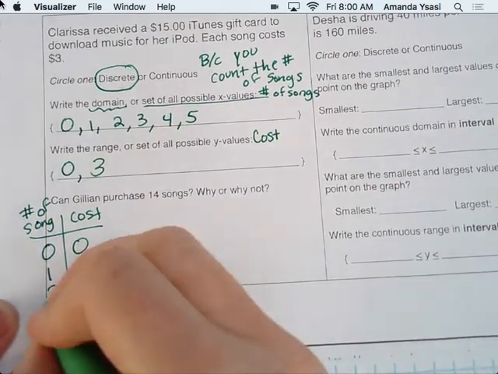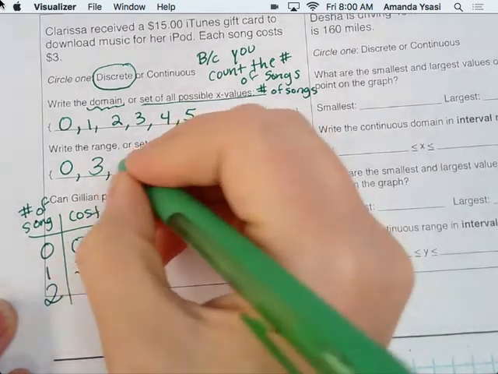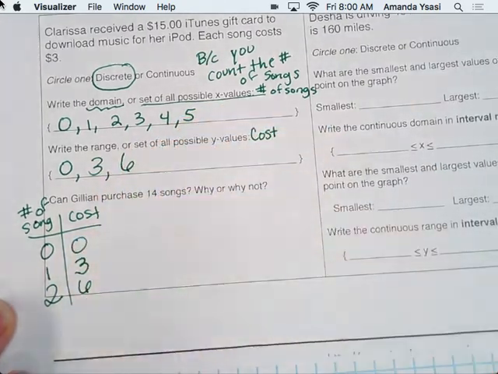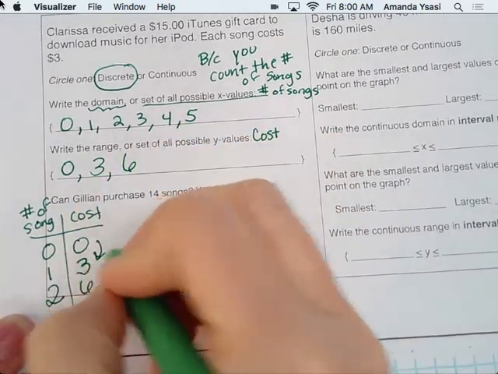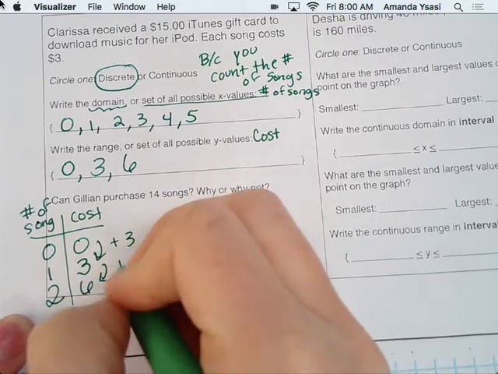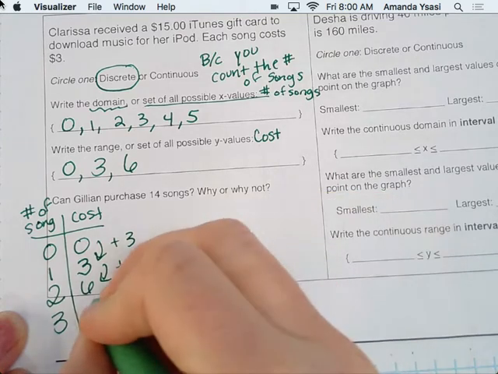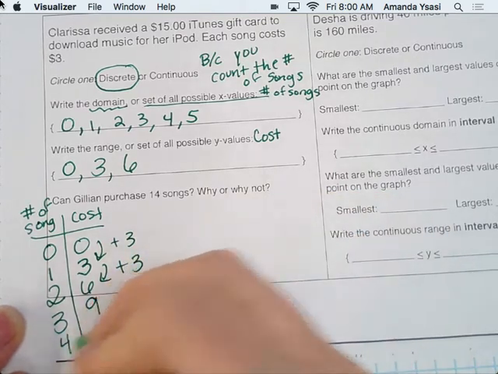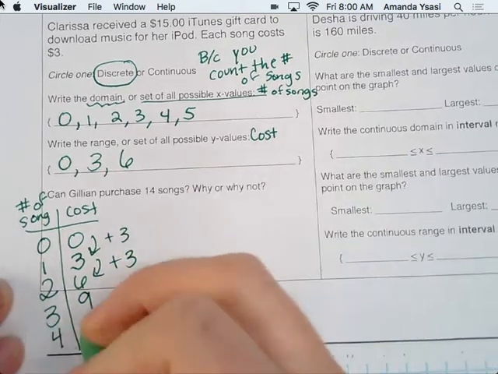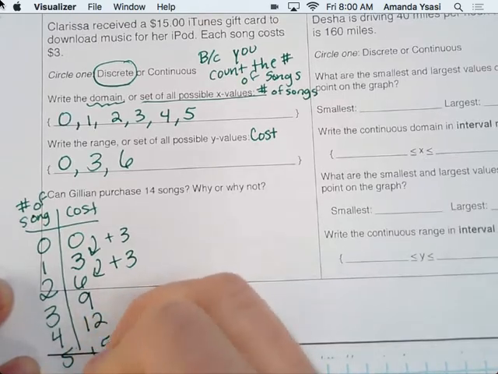For 2, it'd be 6. So we're going up by 3 each time because that's how much each song costs. So then 3 be 9, 4, 12, and 5, 15.